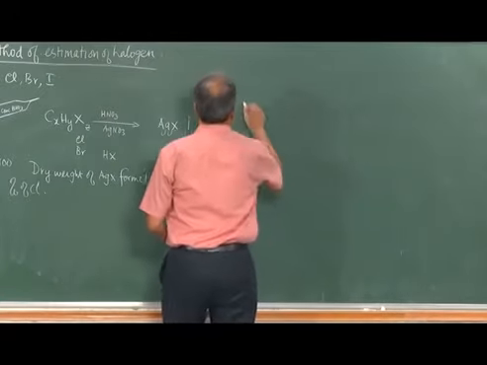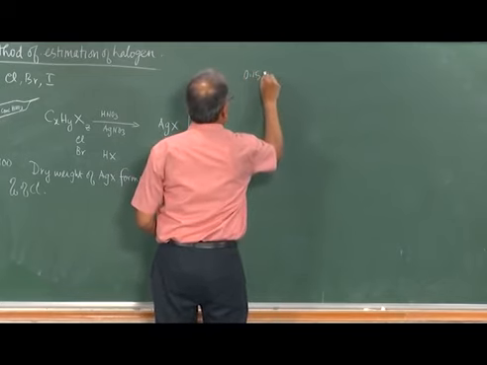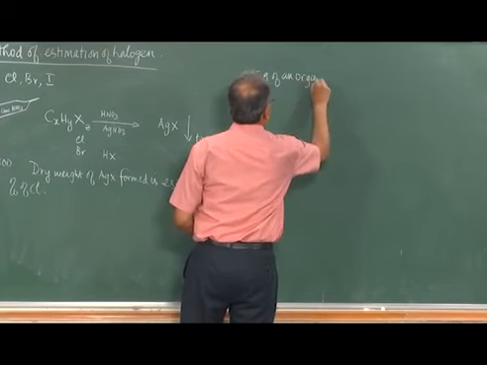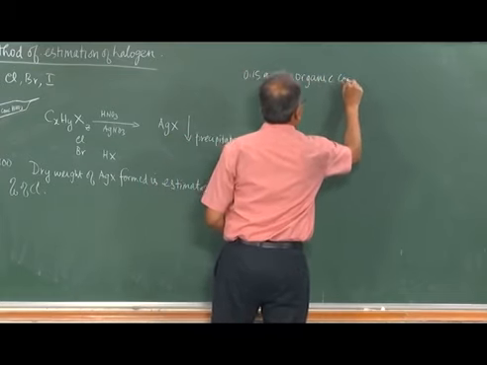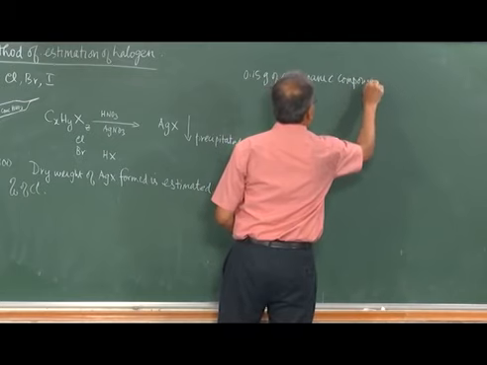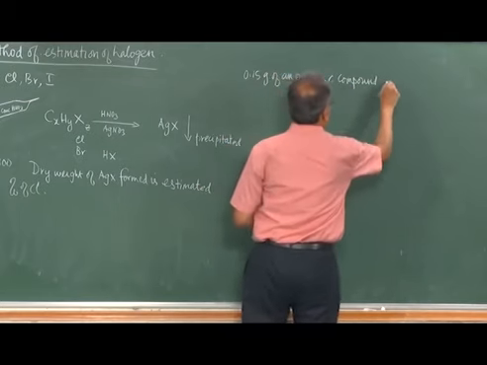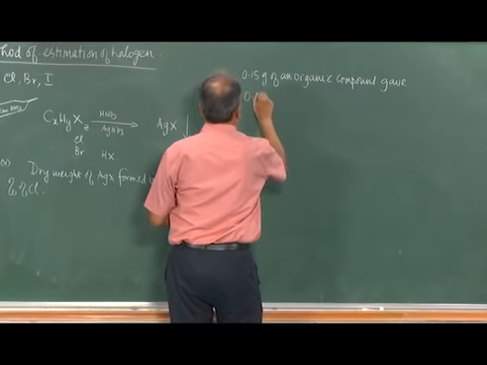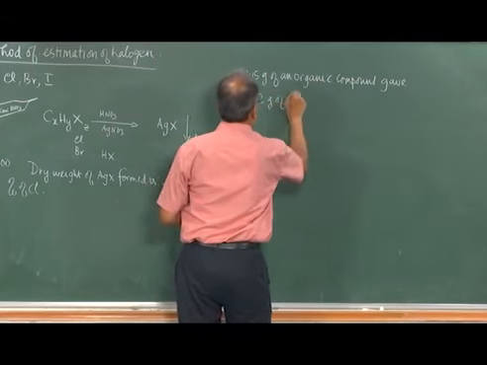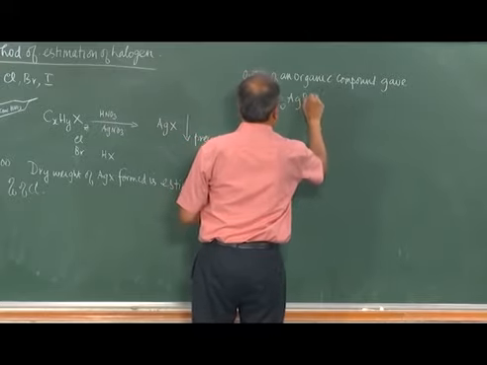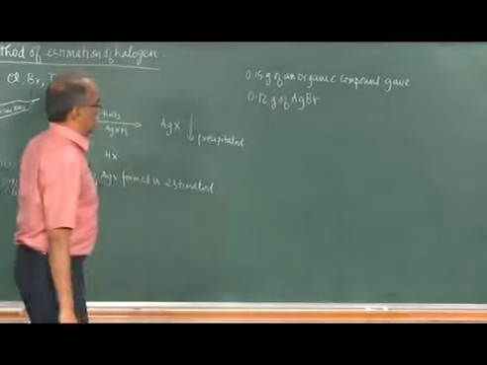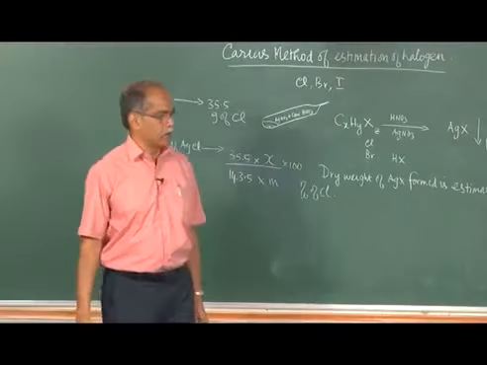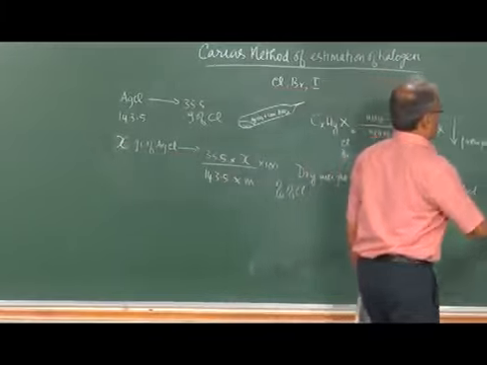Let us say, for example, 0.15 gram of an organic substance gave 0.12 grams of silver bromide when it is treated with nitric acid and silver nitrate using the Carius method.